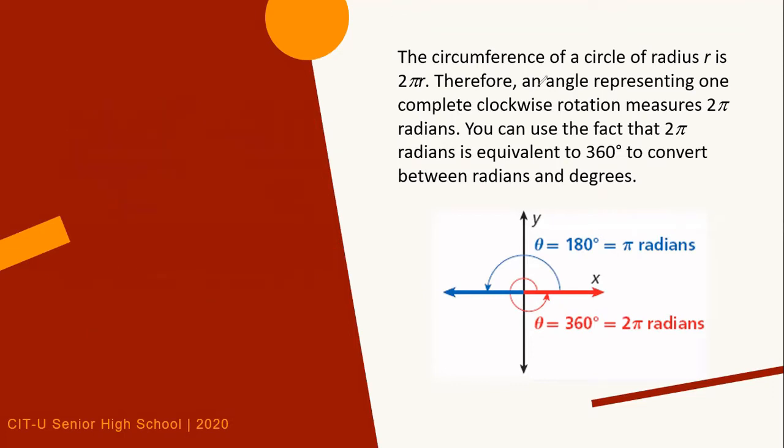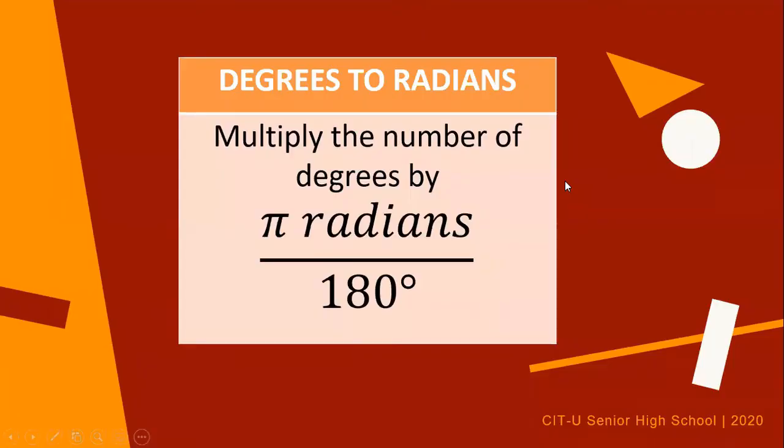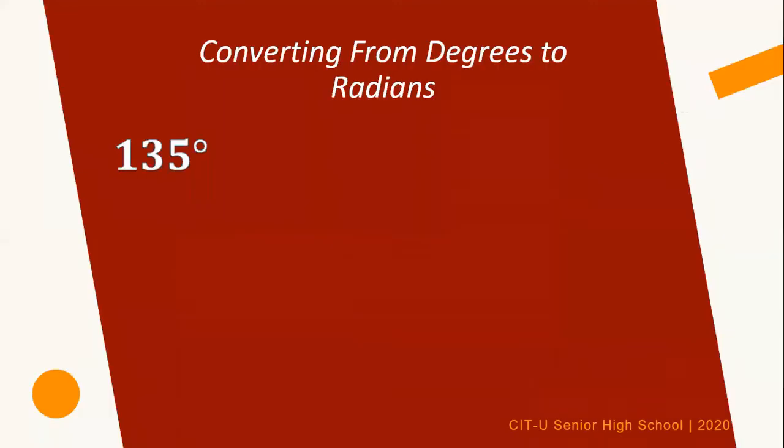And that would be the reason why, to convert degrees to radians, we just have to multiply the number of degrees by pi radians over 180 degrees. So let's have examples.